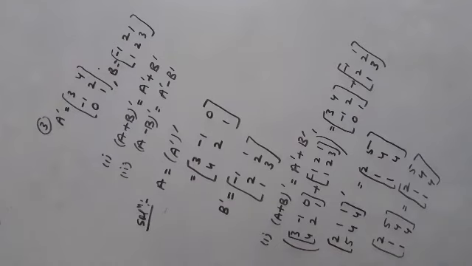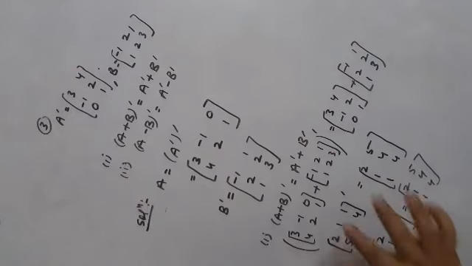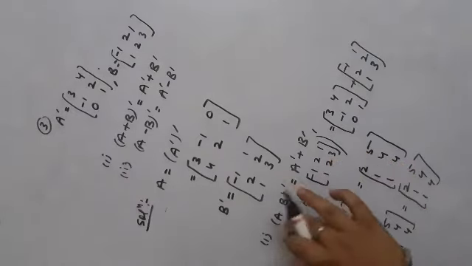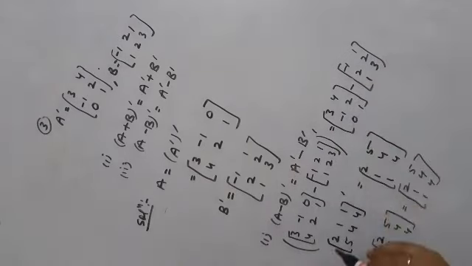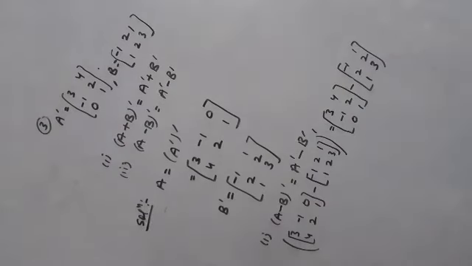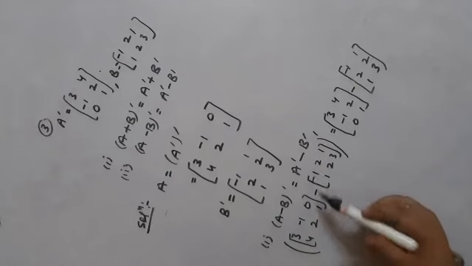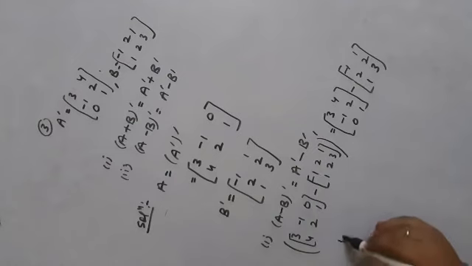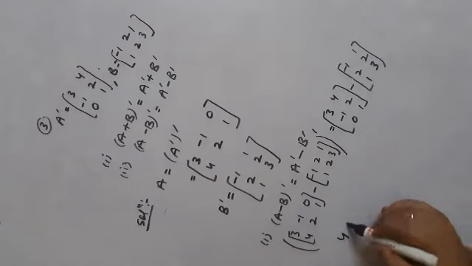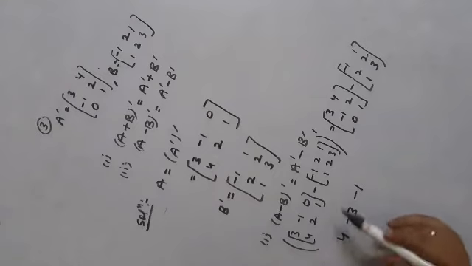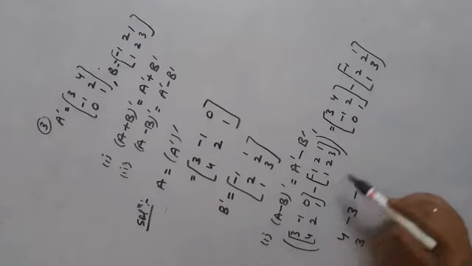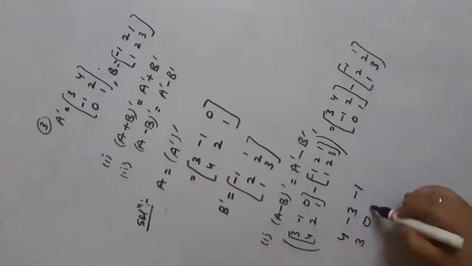Okay students, similarly we have to verify the second part, A minus B whole transpose equals A transpose minus B transpose. Then it is minus. Then 3 minus minus 1 plus 1, 3 plus 1 is 4, minus 1 minus 2 minus 3, 0 minus 1 minus 1, 4 minus 1, 3, 2 minus 2, 0, 1 minus 3 minus 2.